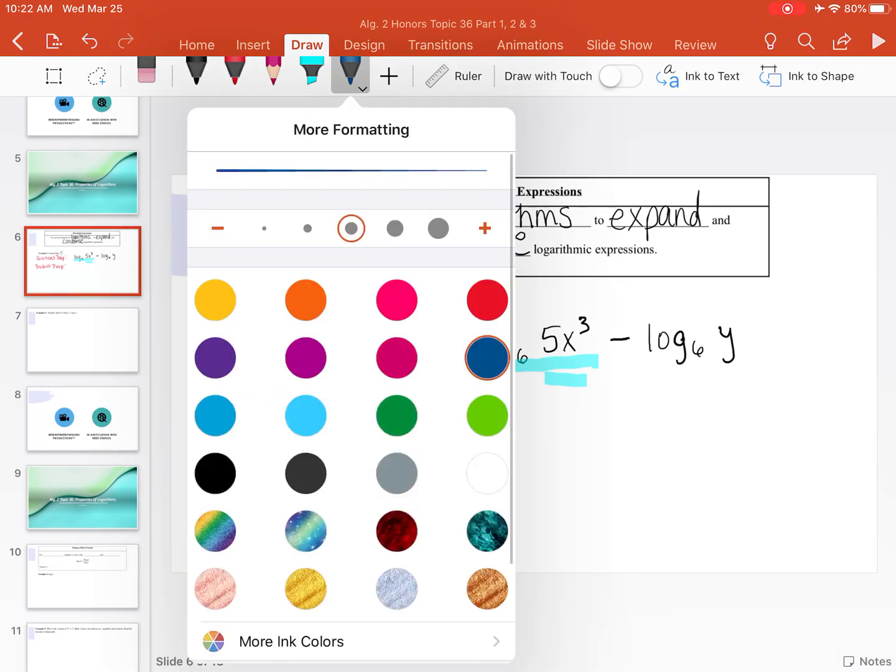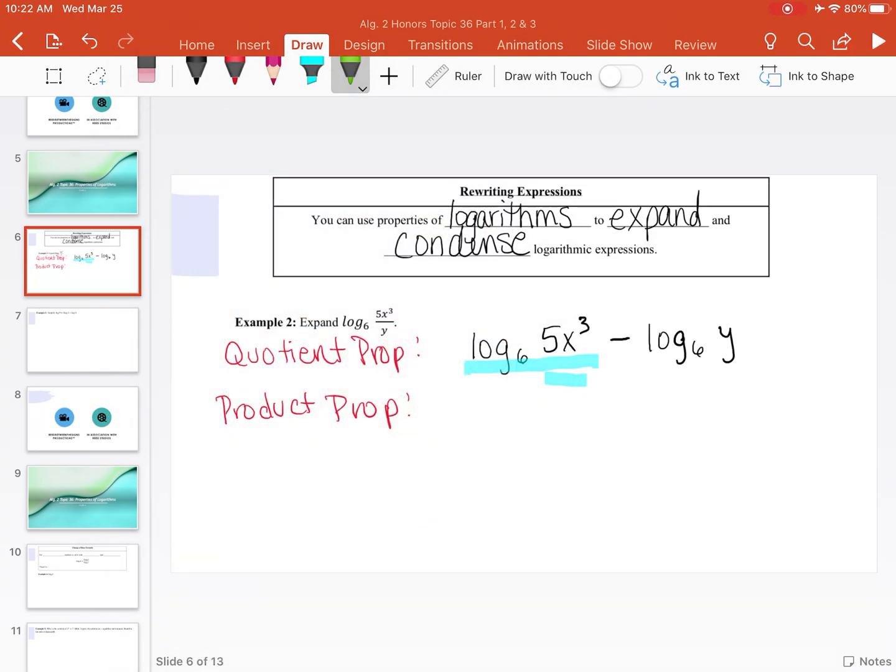We can break apart this log base 6 of 5x cubed to be log base 6 of 5 plus log base 6 of x cubed, then minus our log base 6 of y. See what I did there with that first quantity? We noticed that we were dealing with a product, so we can use the product property to split it up and identify it as the sum of those two logarithms.